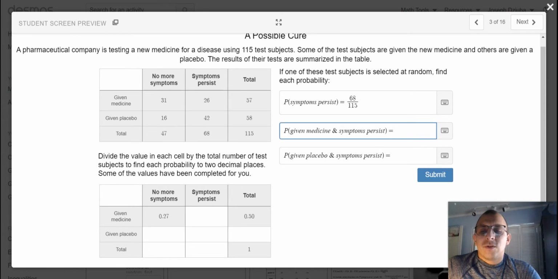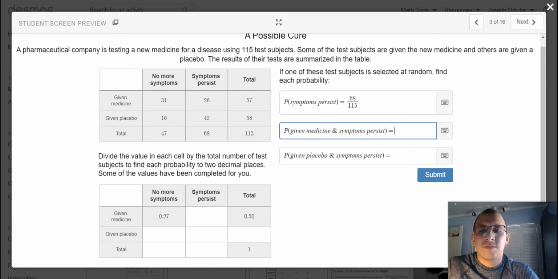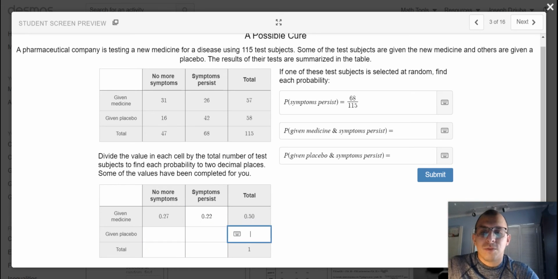Divide the corresponding value in each cell by the total number of test subjects to find each probability to two decimal places. Some of the values have been completed for you. In the event of something like 26 divided by 115, we get 0.226, so we can say 0.22. Complete this table as you need to.